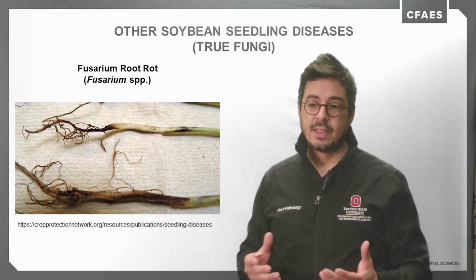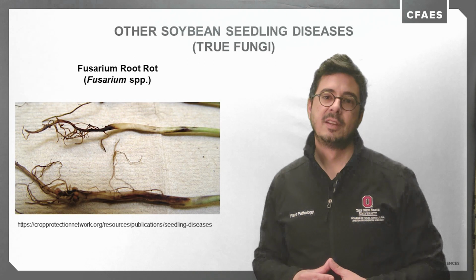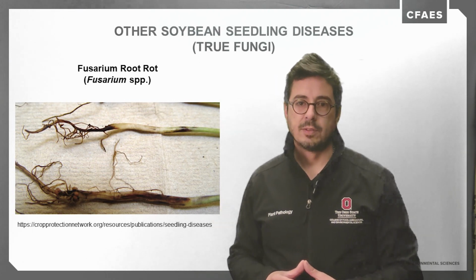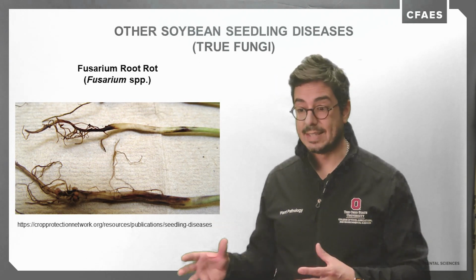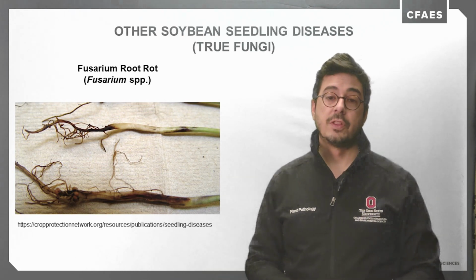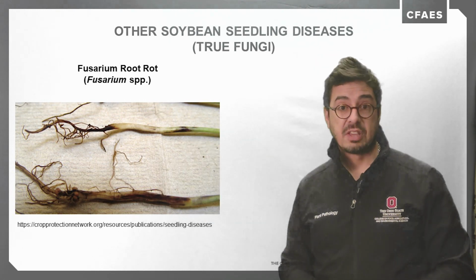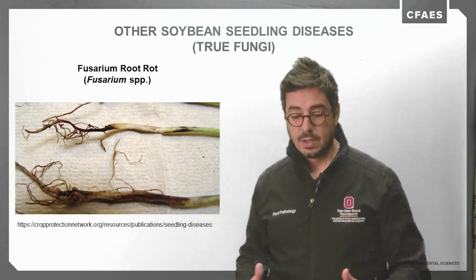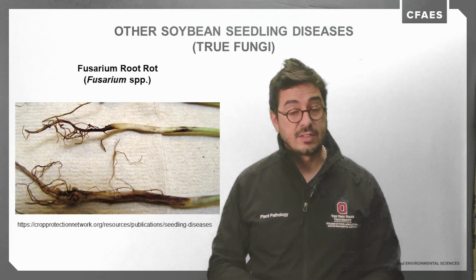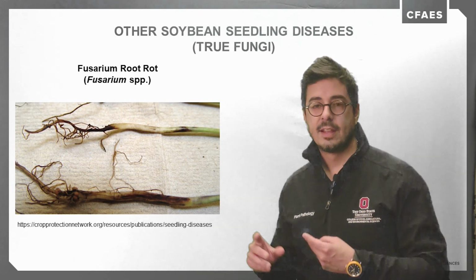But the causal agent of sudden death syndrome is not the only organism that can be causing problems to our soybean, especially when we're planting early or under conducive environmental conditions for these other pathogens. We have other Fusariums, in this case, Fusarium graminearum. You may have heard this or you will hear this a lot because it also affects wheat, corn, and soybean.